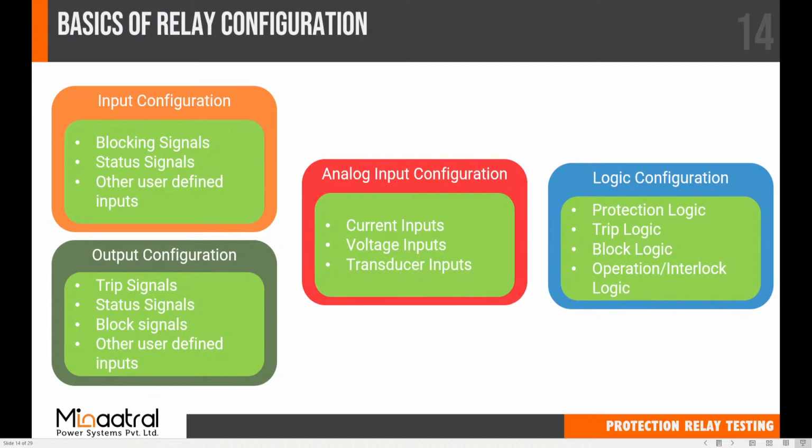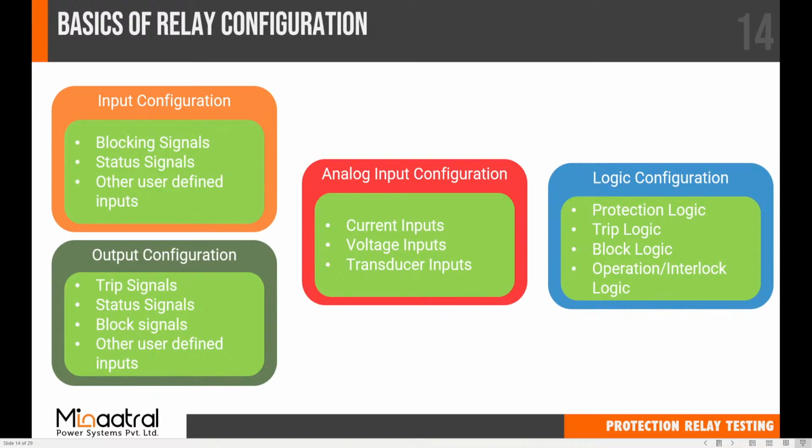On the side of your analog input configuration, here is where you will configure your current, voltage, or any particular transducer inputs. When we talk about current input and voltage input, we are referring to configuring the way they are connected, the CT ratio, and the usage of the analog inputs within the relay.